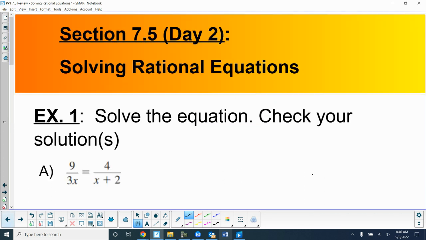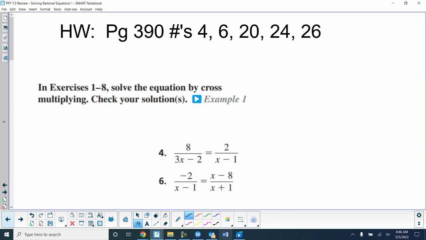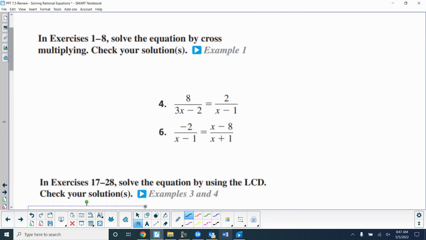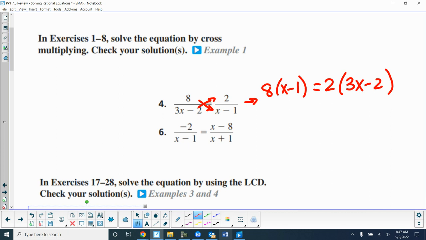All right, let's go back to the homework. When you have these, we call these proportions, all we have to do is what? Cross multiply, right? So this is 8 times x minus 1 equals 2 times 3x minus 2.